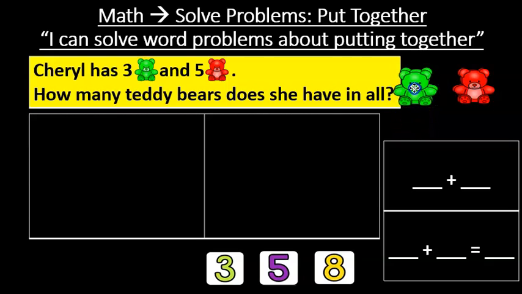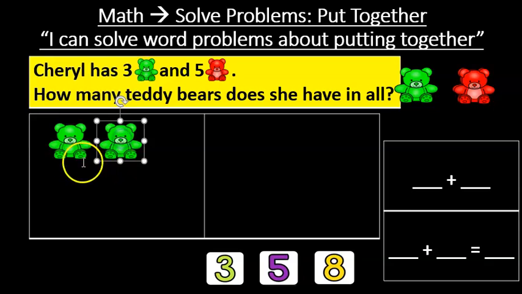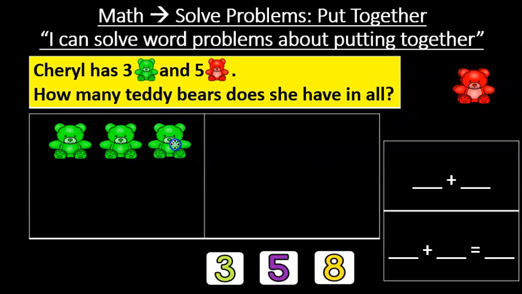I'm going to get 1 green teddy bear. I'm going to put it on this side. I'm going to need another one because we need 3. We have 1, 2, 3. Now there you go, boys and girls. We have 3 green teddy bears here.